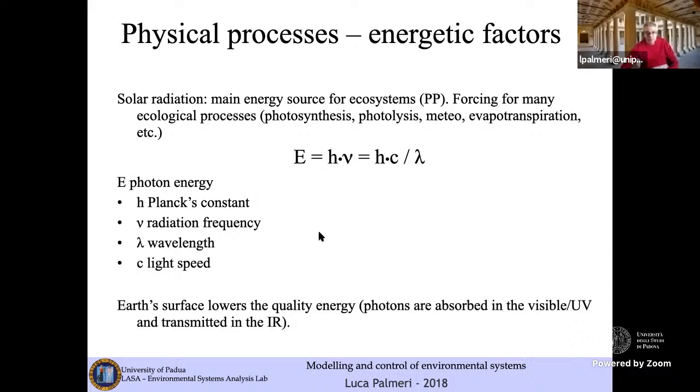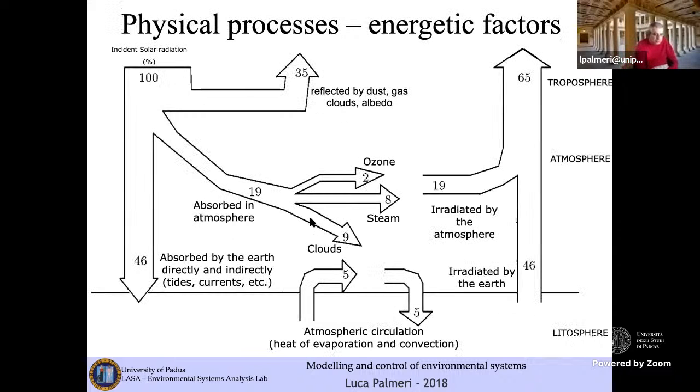How can we describe this process? We start, first of all, by making an energy balance. We have already seen this energy balance. These plots describe the fate of solar radiation as described by the solar constant.